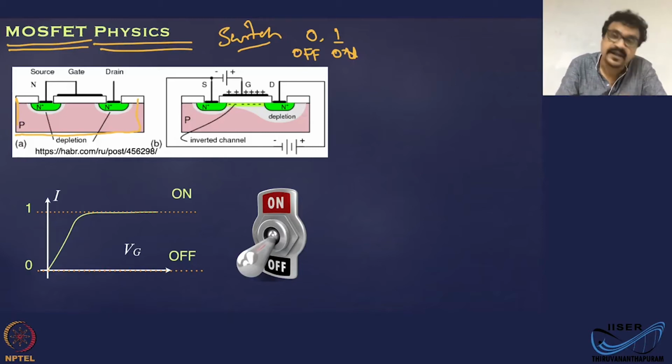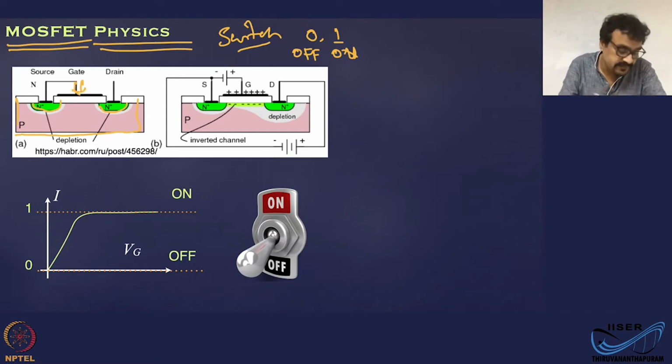In this case, it is p-type, and you have some contact regions which are n-type. I have put it n plus. What that means is it is heavily doped. And I have a third electrode, which is something called a gate here.